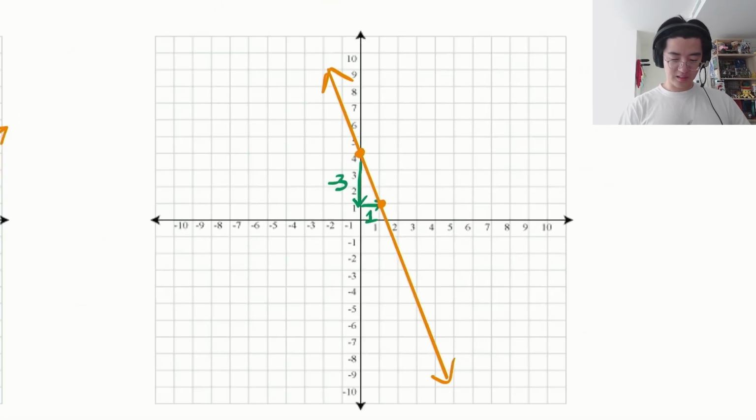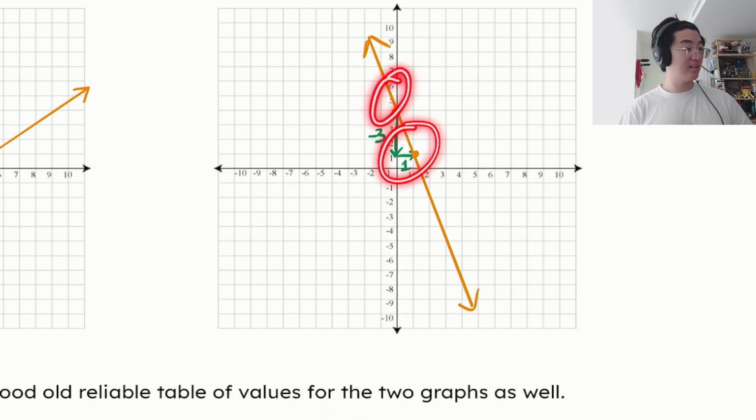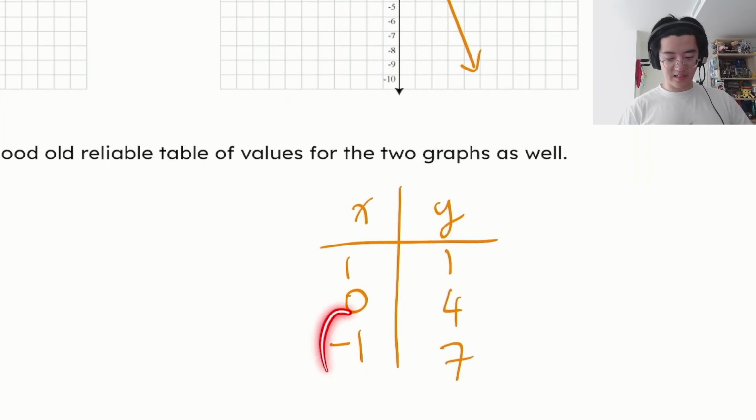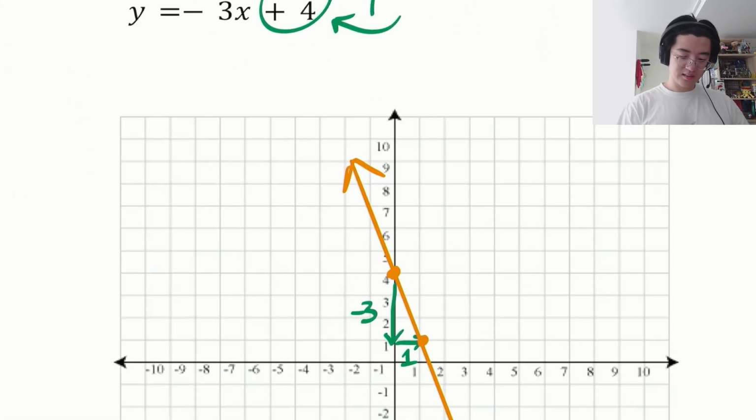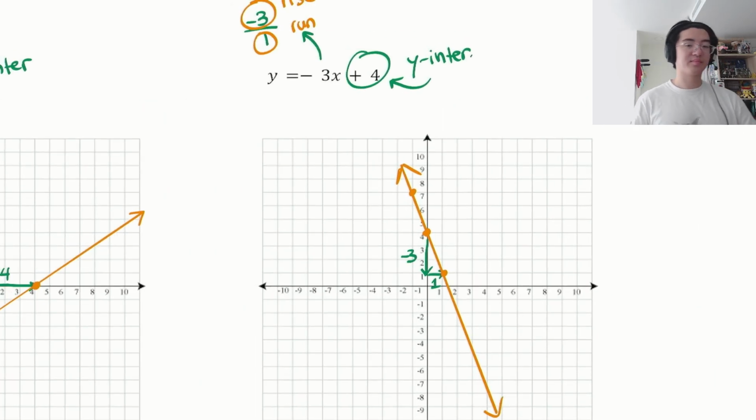So we got 0, 4, 1, 1, which is already here. And then we have -1 and 7. So up here. -1, 7. 3 dots, connect the line.